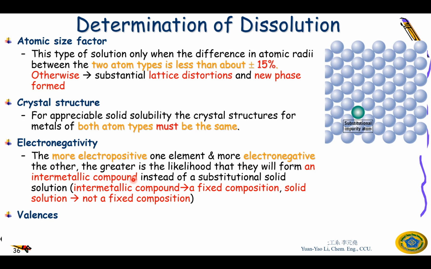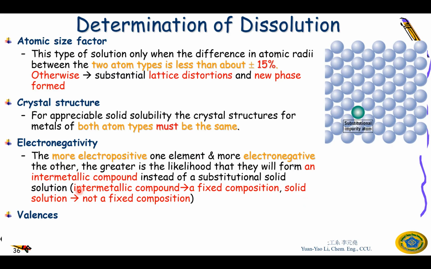So what does intermetallic compound mean? An intermetallic compound has a fixed composition. But the definition of a solid solution is that it is not a fixed composition. So you can have any proportion of A atoms and any proportion of B atoms, and you make a perfect solid solution.